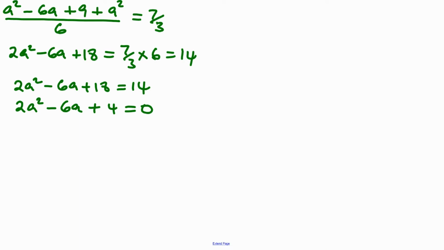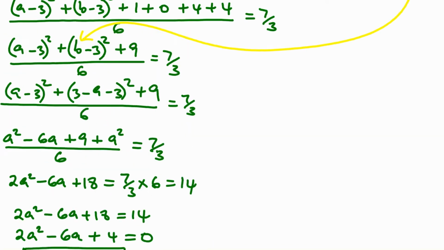And if you just solve this, you'll end up with A is equal to 2 or A is equal to 1 as your solutions. You can factorize it, use the quadratic formula, or just use your calculator, it's no problem. And then after that, you plug that into B here.